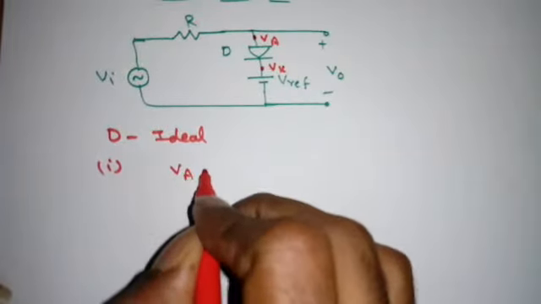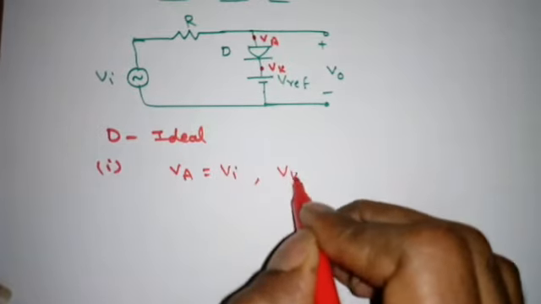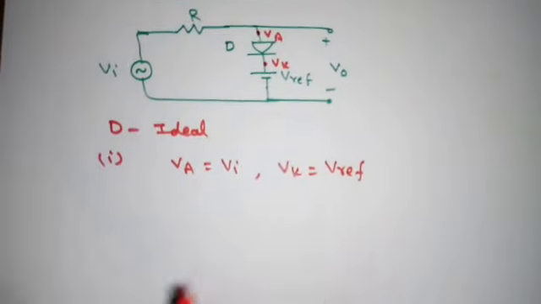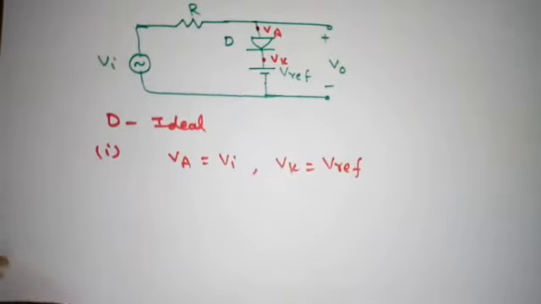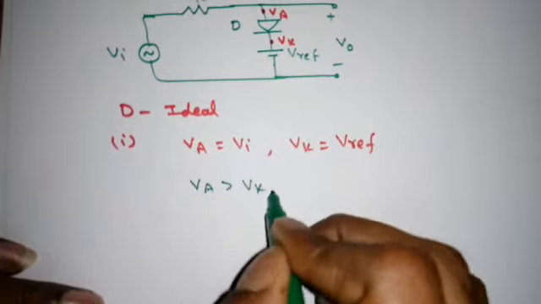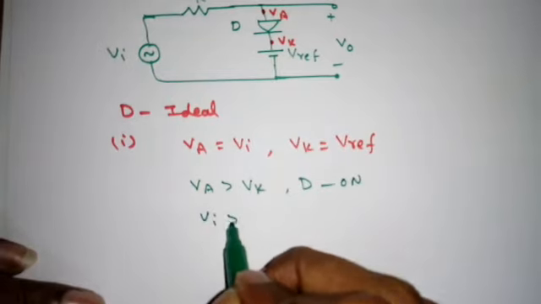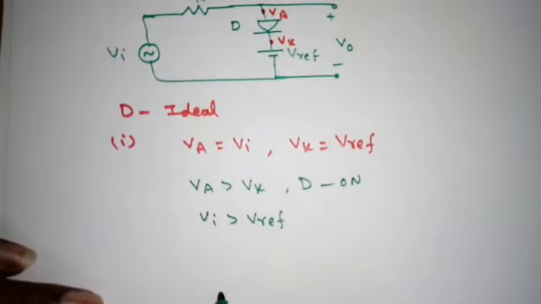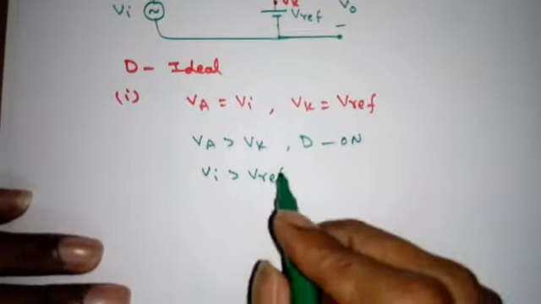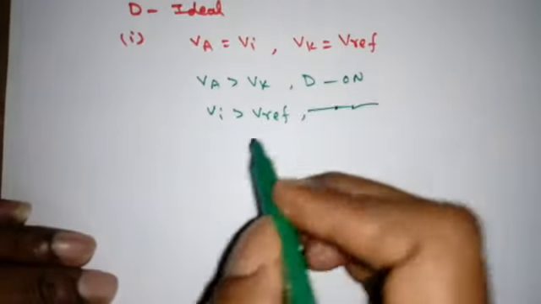So Va is equal to Vi, Vk is equal to V reference, right? Now when Va is greater than Vk, the diode D is on. So that means Vi is greater than V reference. Then the diode D is on, so it will be replaced by short circuit.